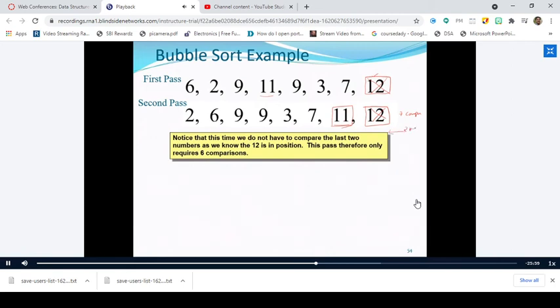Okay, so what happened after this? The 11 element has occupied its correct position. Now, tell me whether we need to consider this 11 for the third pass. No, sir. Even though you consider it, nothing is wrong in it, you just have to change some logic. That's it.